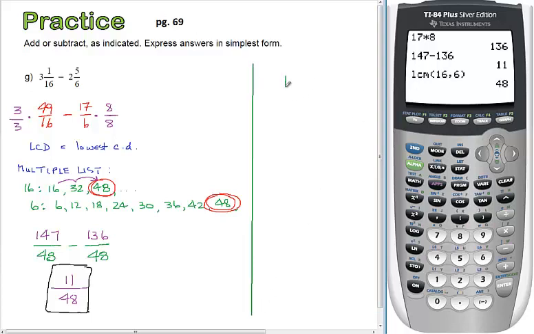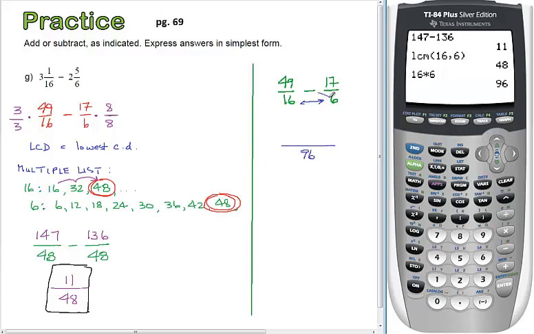So when you get here, 49 over 16, subtract 17 over 6, how do you tackle it? Well, the cross product method is to multiply these two to get a common denominator. So it will be 16 times 6. Now this is not a lowest, notice I just said common denominator, right? So this would be 96.